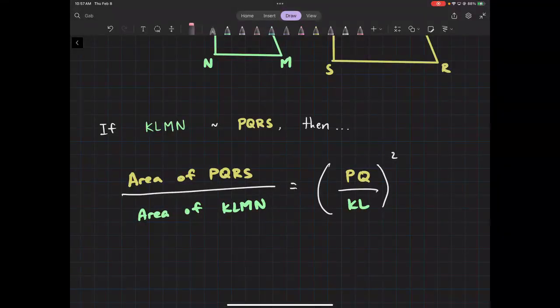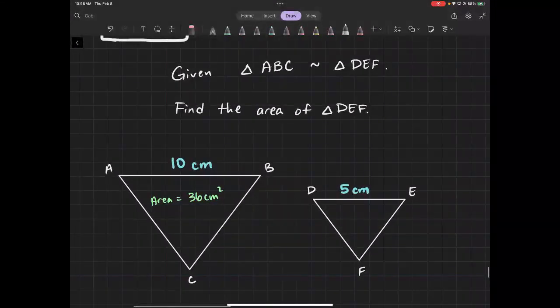Just make sure you guys got that little 2 right there. All right. Last example. Triangle.